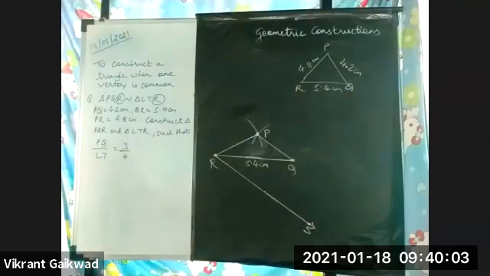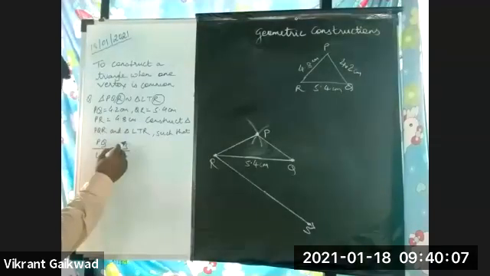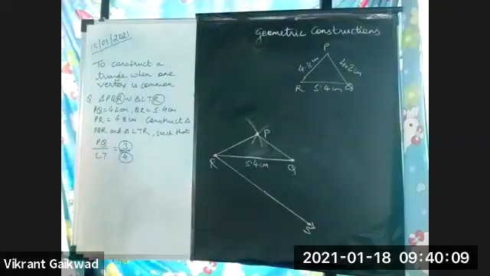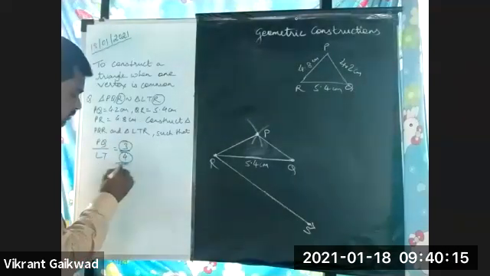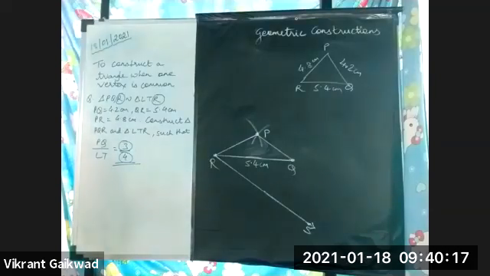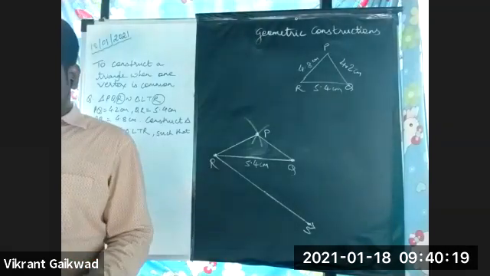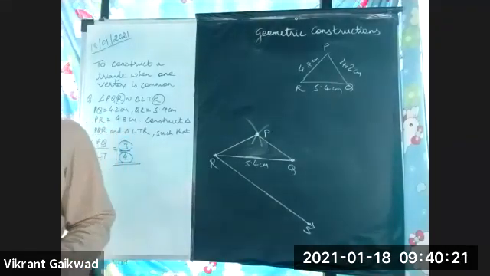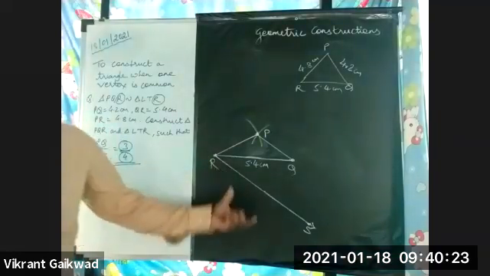Now, after that, check this number 3 and 4. These numbers are very important. Now, from 3 and 4, the greater number is 4. So I'm going to draw 4 equal arcs on RS.